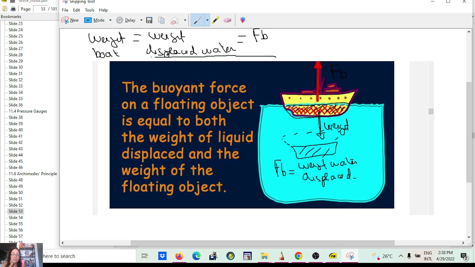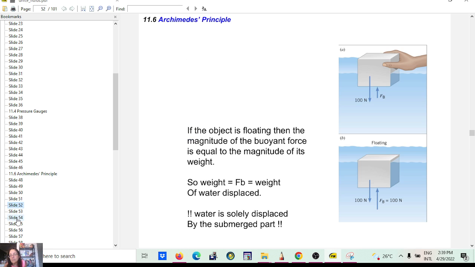So this is very important and sometimes it's confusing. So the buoyant force here equals the true weight. So we are not talking about apparent weight anymore, okay? So it's really the true weight, and the true weight equals the buoyant force because it's floating. We suppose it's floating, and it equals the water displaced. Okay?